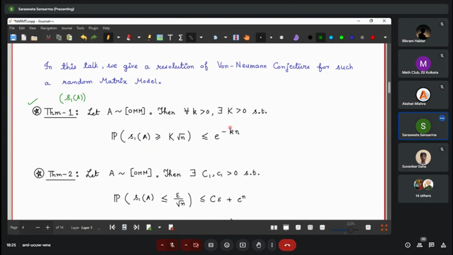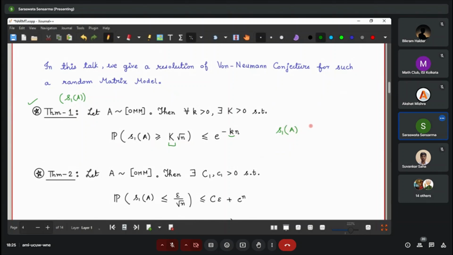In particular, for k however large, for whatever value of small k, there exists a capital K such that this bound holds. In other words, this is the case. This is sort of the notation we will use.